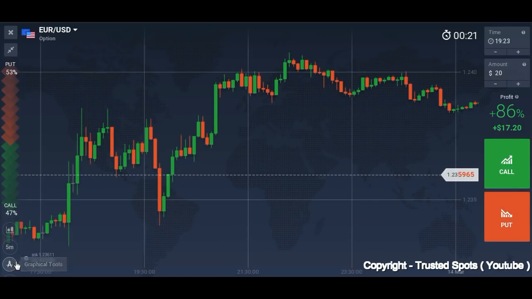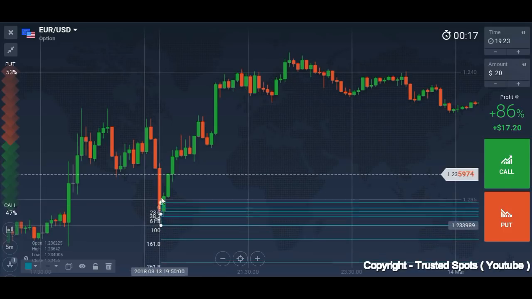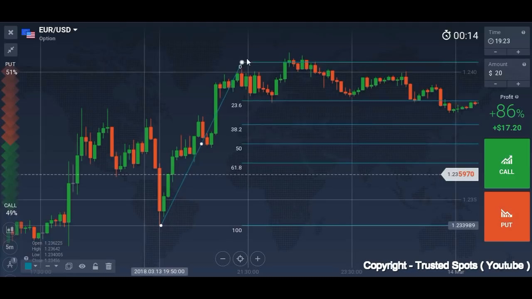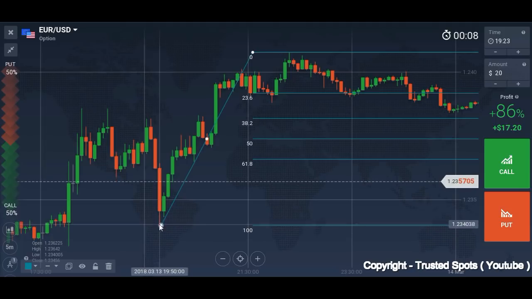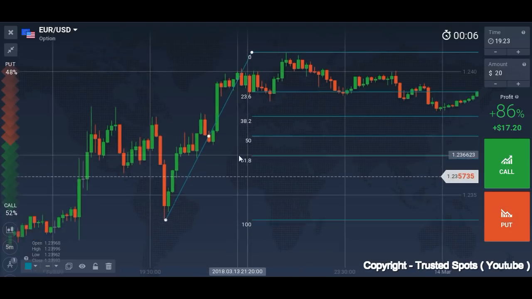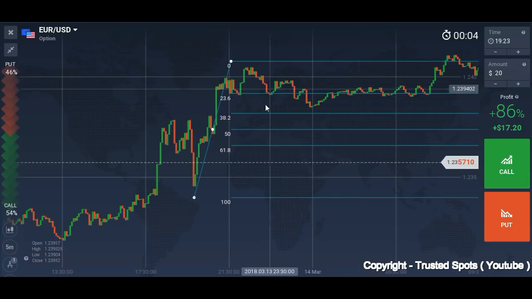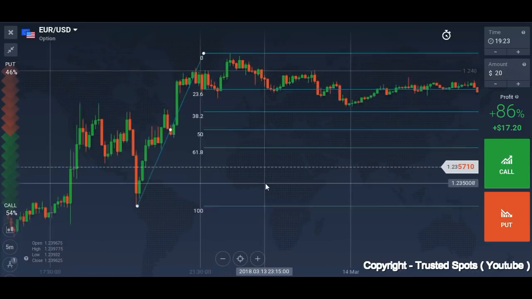I will select the Fibonacci and do this. As you can see, I have taken the level from the lowest point to the highest point, and now our level is being drawn properly. So this is about uptrend.